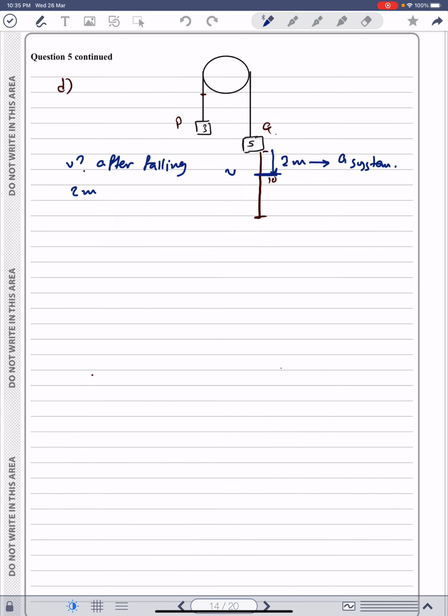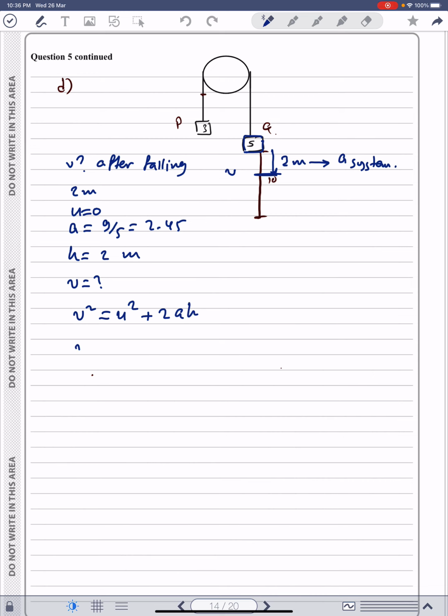What do you have? It was released from rest, so U is 0. The acceleration of the system, g over 4, which is 2.45 as we calculated in part A, and h is 2 meters. So we find first the speed when it descends or falls 2 meters, of course using the formula V squared equals U squared plus 2ah.